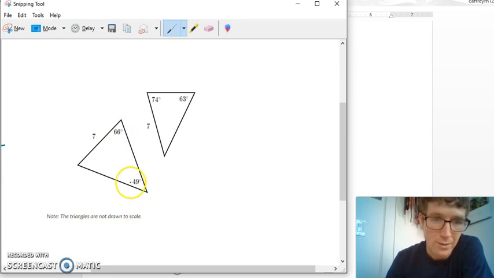Whenever you have a triangle with two angles given, you can always find the third angle, because all angles in a triangle add up to 180 degrees total. So 66 plus 49 plus whatever this angle is equals 180. First I'm going to add up these two angles: 66 plus 49.